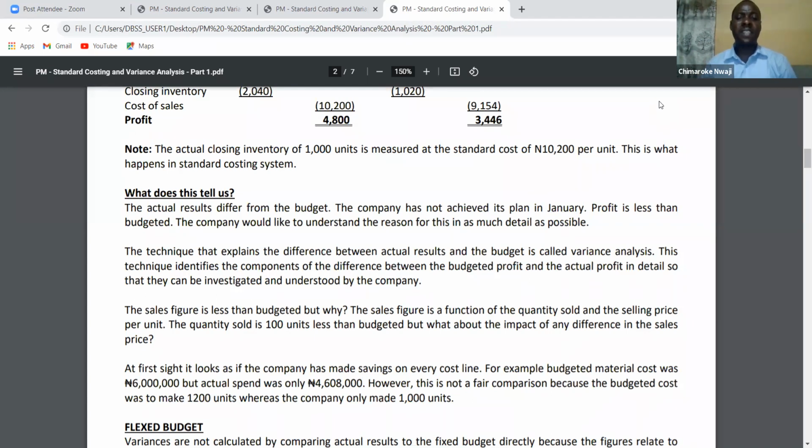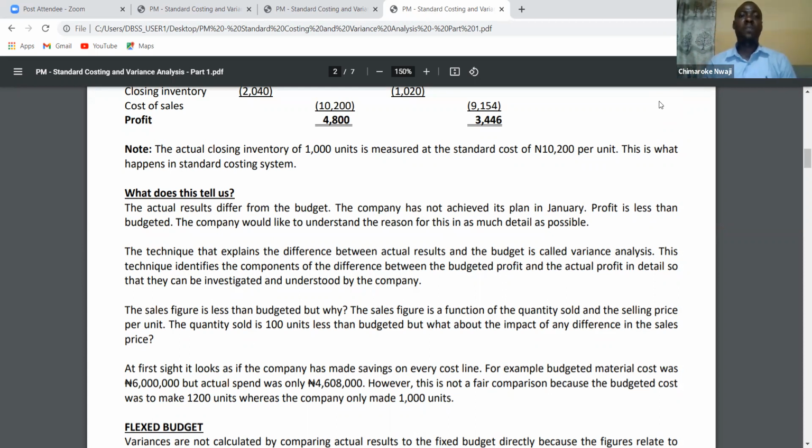Now, this is not a fair comparison. Do you know why? Because we budgeted to make 1,200 units, but the company at last made 1,000 units.